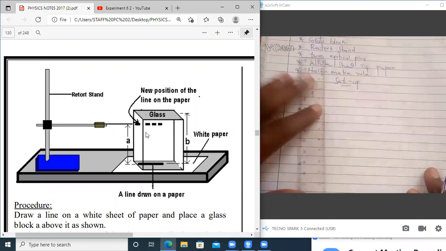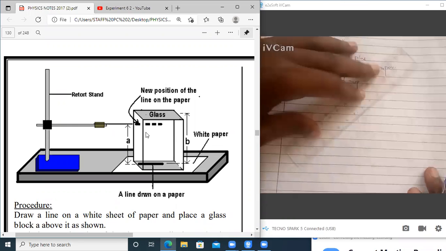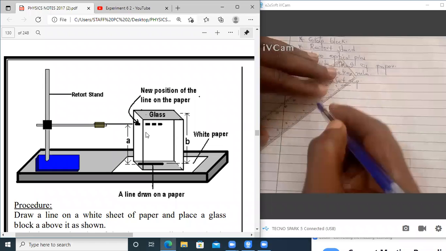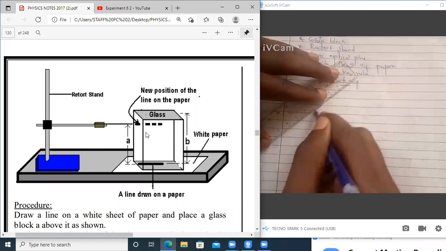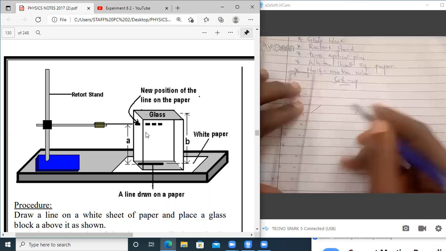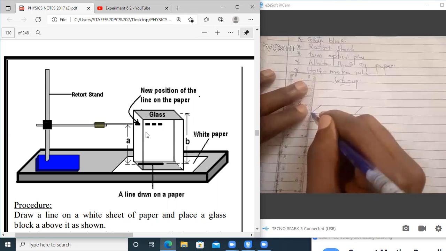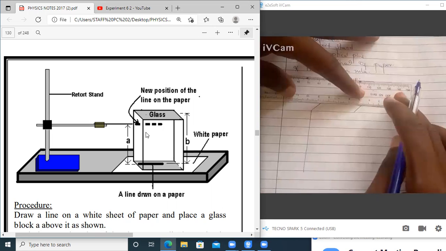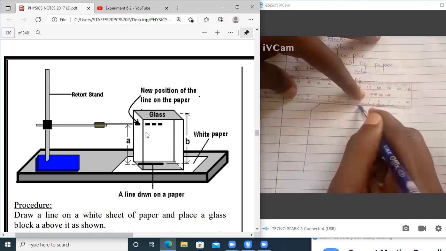The position of the glass block doesn't matter. You don't need to cram the diagram the way they put it there. What is important are the features in that diagram.